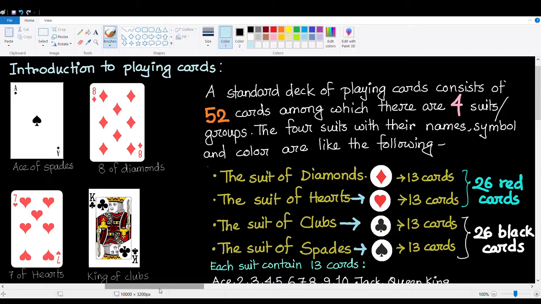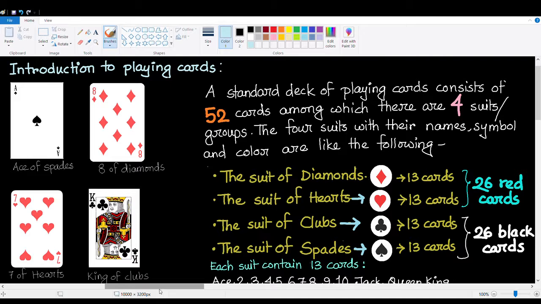A standard deck of playing cards consists of 52 cards, among which there are 4 suits or groups. So there are 52 cards in a deck, divided into 4 equal groups. The 4 suits with their names, symbols and colors are given here. The suits are diamonds, hearts, clubs, and spades.